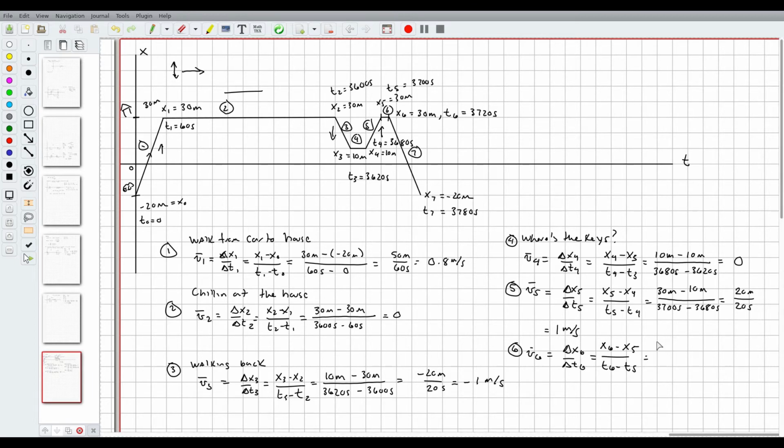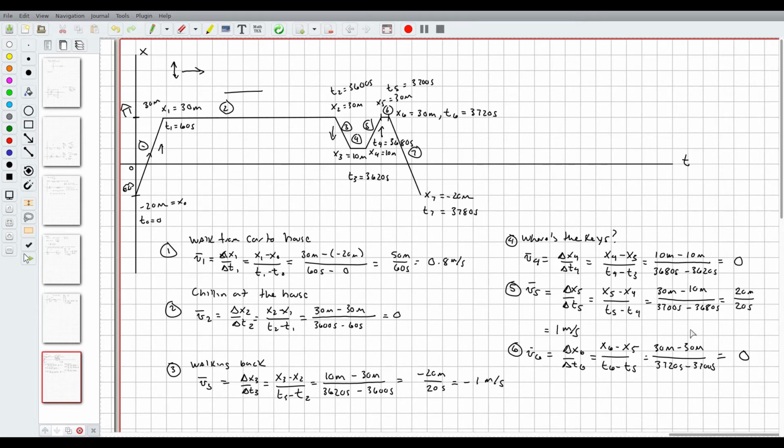Here, 30 meters minus 30 meters divided by 3720 minus 3,700. So it took us about 20 seconds to find the keys, but look, we didn't go anywhere when we were doing it.